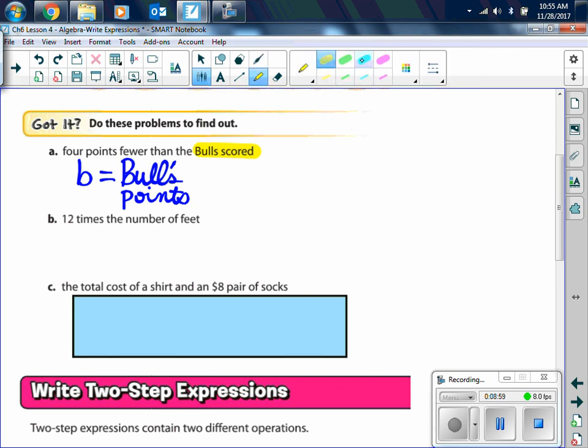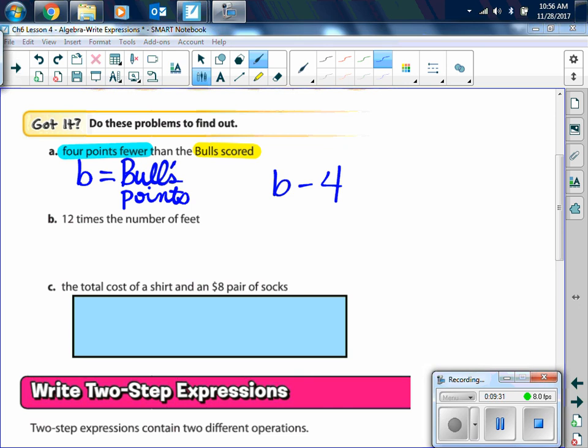It says 4 points fewer. So what is it that we're going to subtract? We're not subtracting the Bulls points, we're subtracting 4 from the Bulls points. Is everyone with me? So here, my expression will be B minus 4. So that's 4 points fewer than the Bulls points.